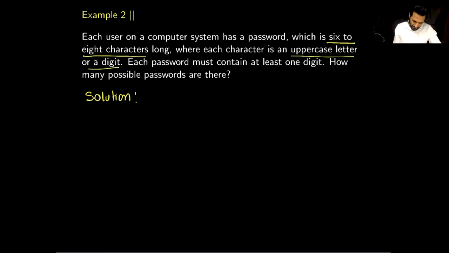So for each character you can use either a letter or a digit. Each password must contain at least one digit. So there is a restriction here that the password must contain at least one digit. How many possible passwords are there? So basically we need to find the number of passwords which we can create.